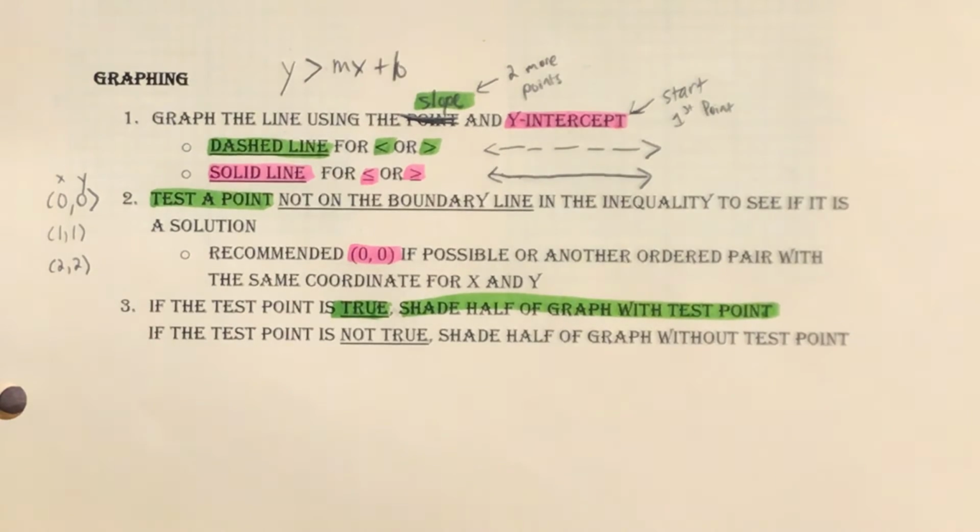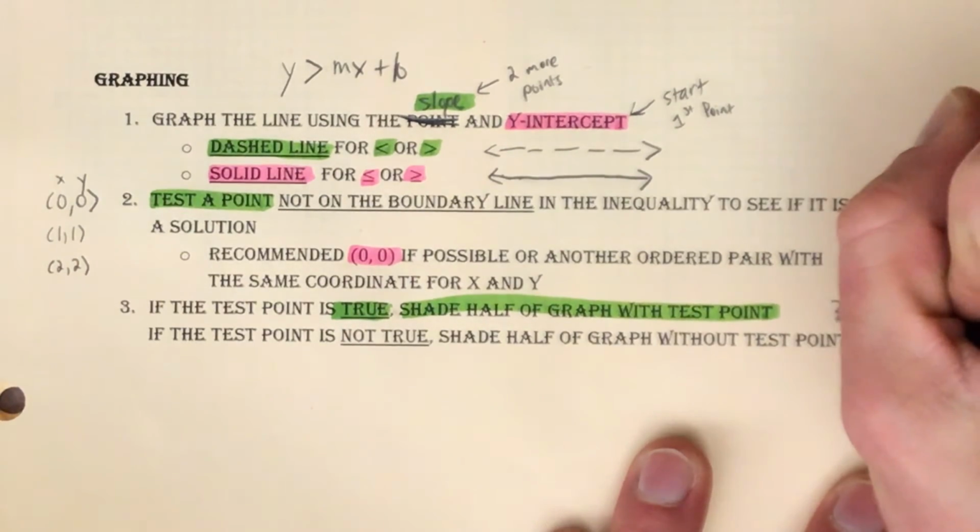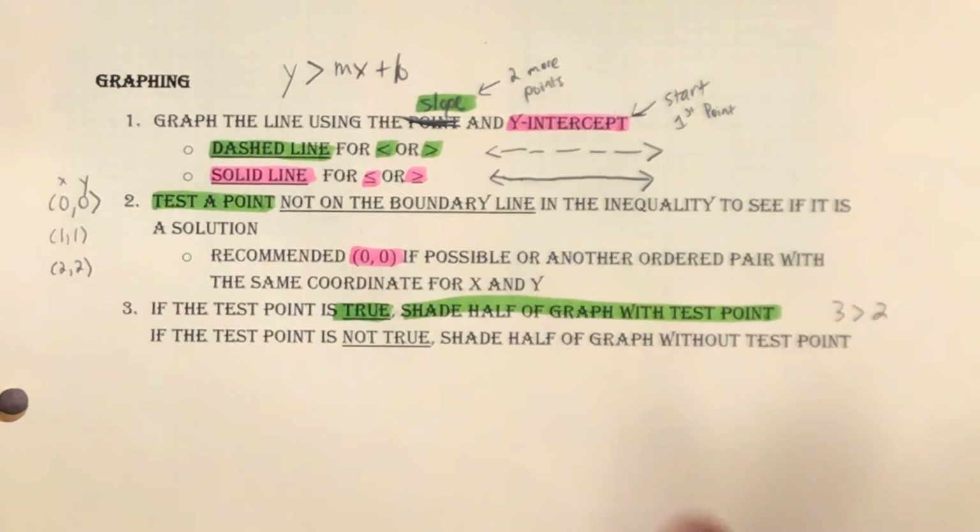So if it's above the line, and that's where our test point fell, and we plug it in and it comes out true, then we're going to shade everything above the line because that means everything up there is a solution. If the test point comes out and it's not true, so we end up with something like 2 is less than 3, well, in our original example, we said we ended up with something like 3 is greater than 2. If that's true, shade that half.